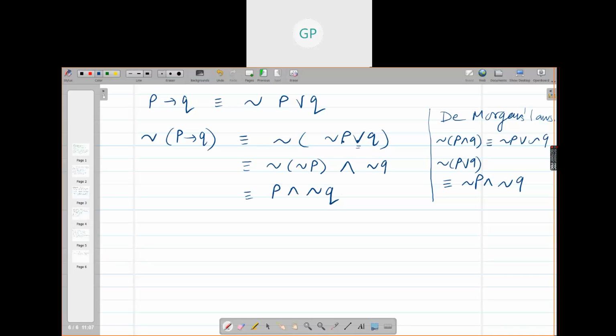Sometimes you may have to use this equivalence like this. So you should always remember this result. P implies Q is logically equivalent to negation P or Q.